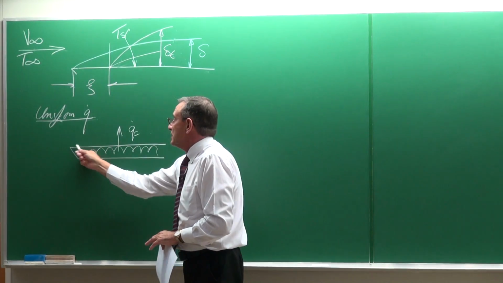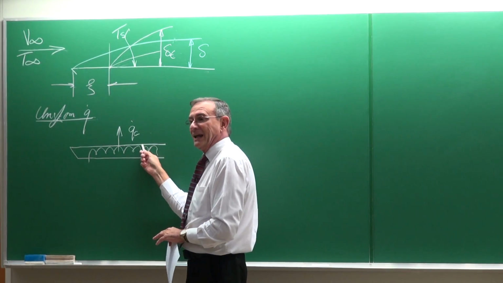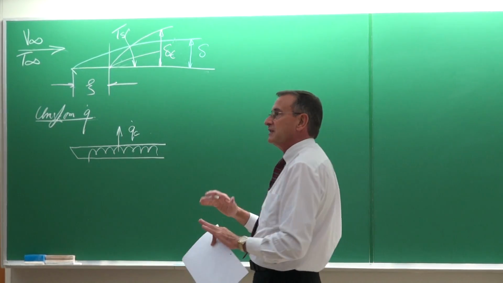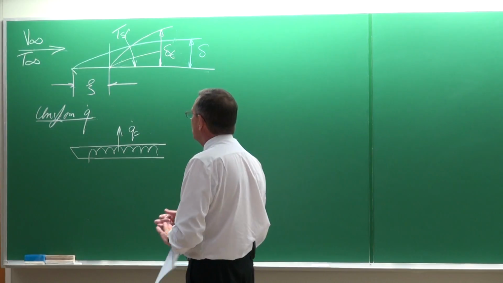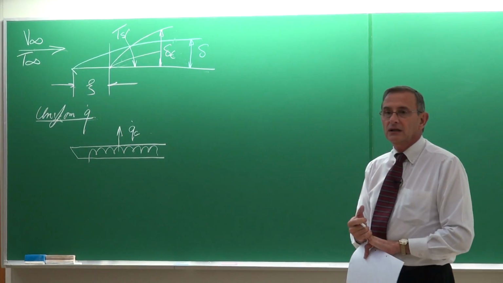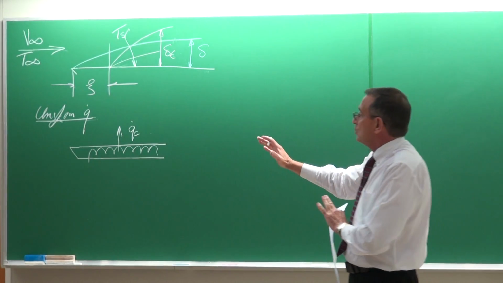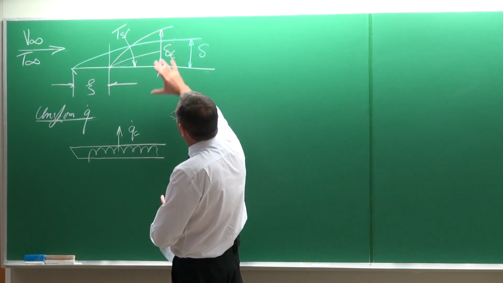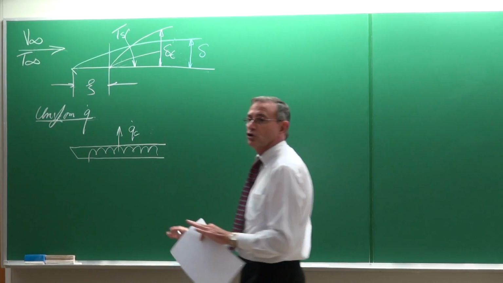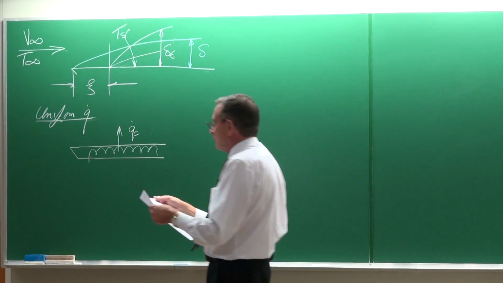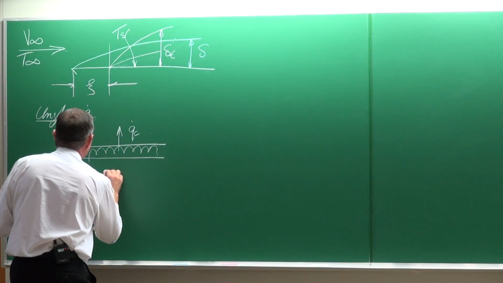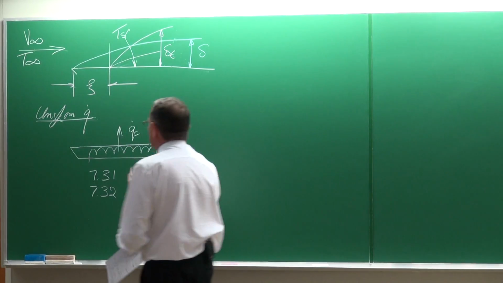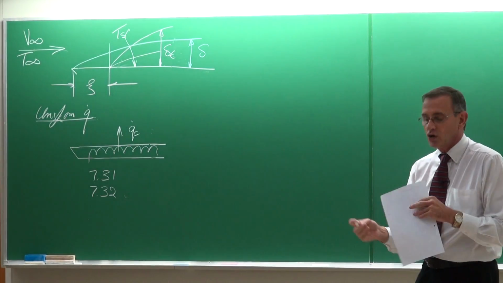However, it doesn't mean that the temperature on the plate is constant. It's 2 different types of problems, 2 different categories, and we are going to look later on in the work at many different cases where we look at the case of a constant wall temperature or a constant heat flux. And the equations in your textbook are equations 7-31 and 7-32 that specifically describe the case of a constant heat flux.